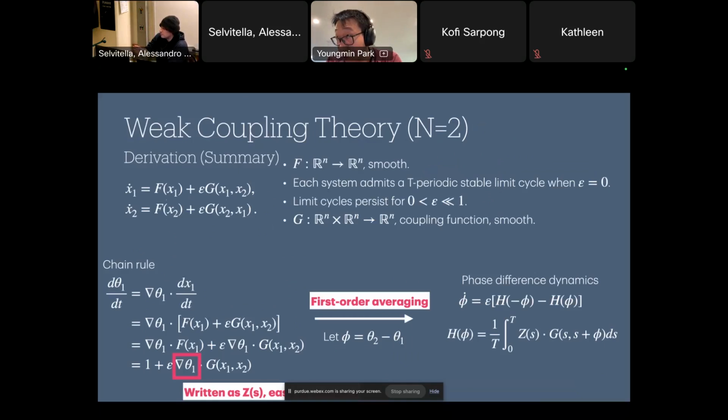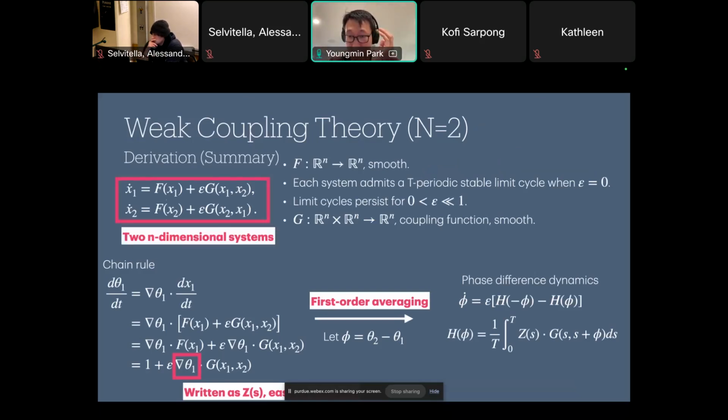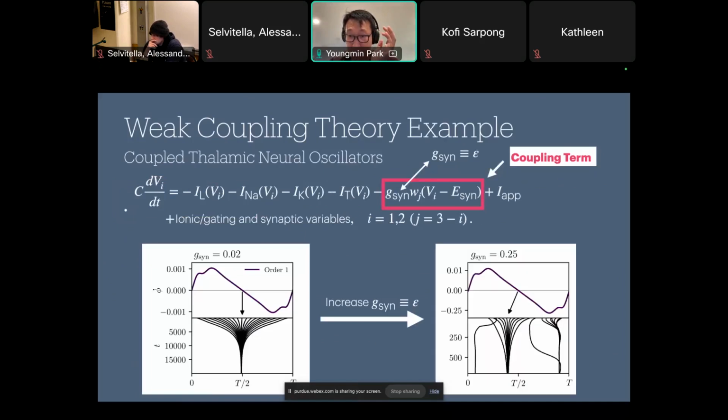Am I correct? So I think I understand, in the phase differences. Right. So that's what we're seeing with these weird movements.